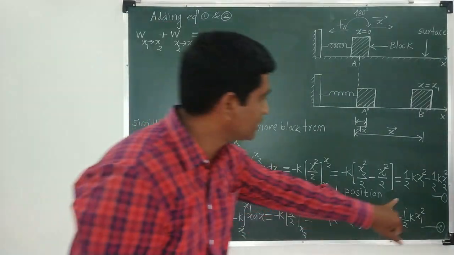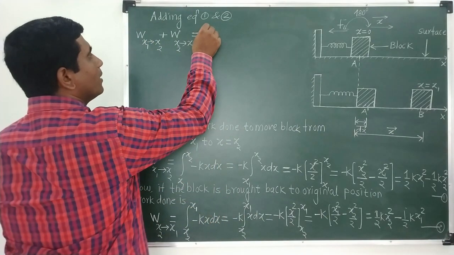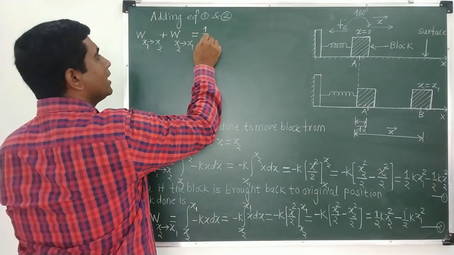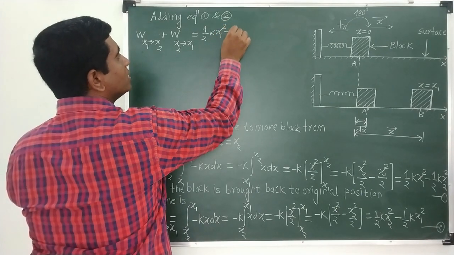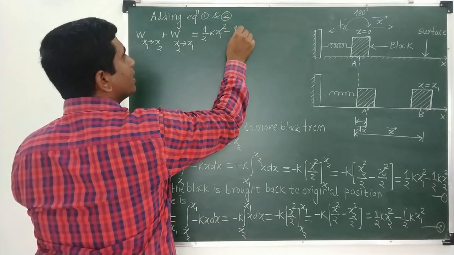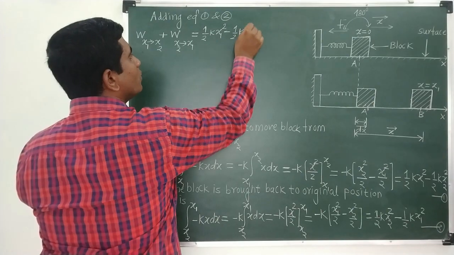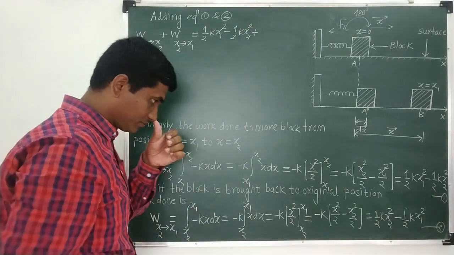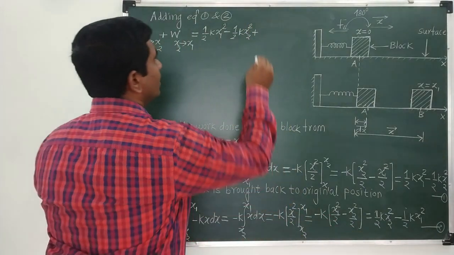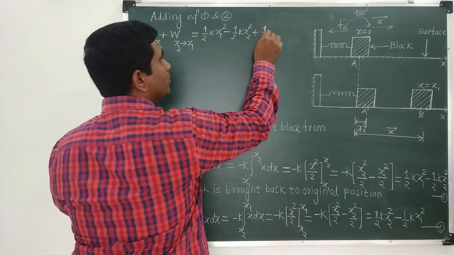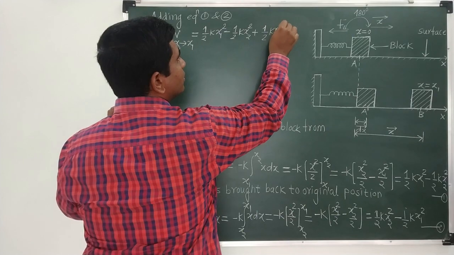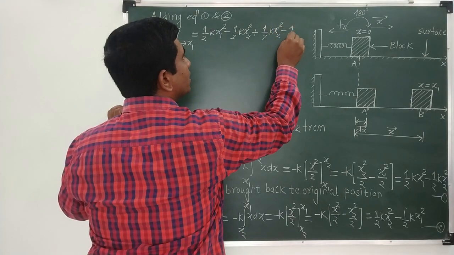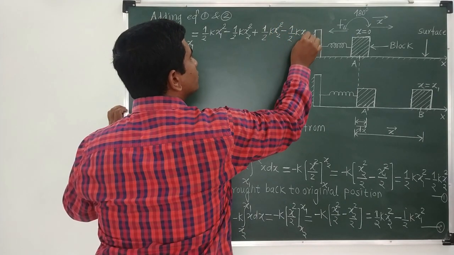What is equation 1's RHS? It is 1/2 k x1 square minus 1/2 k x2 square, plus 1/2 k x2 square minus 1/2 k x1 square.